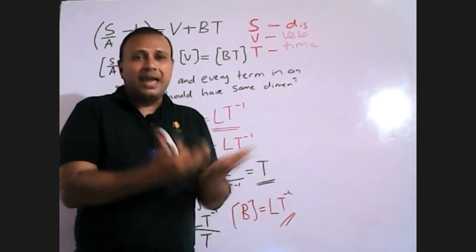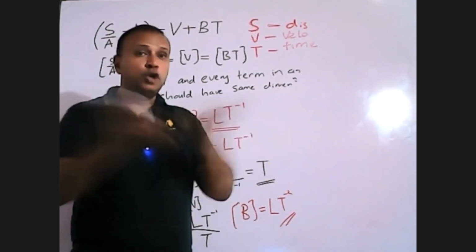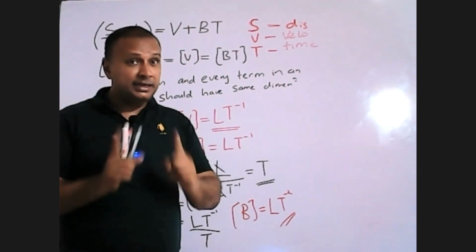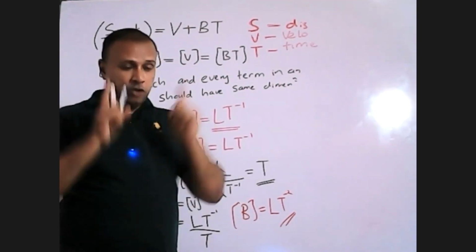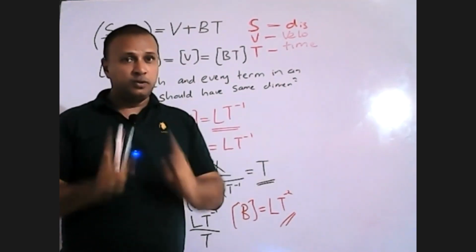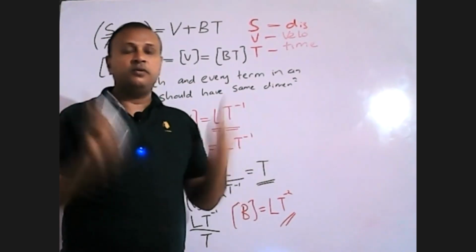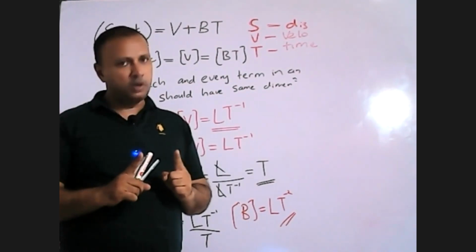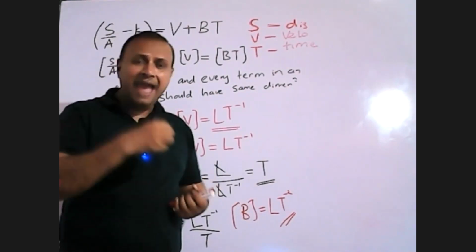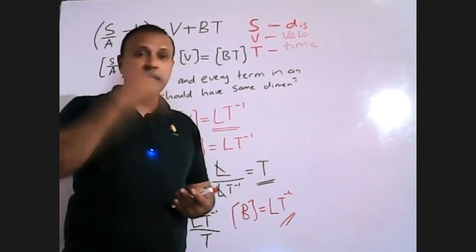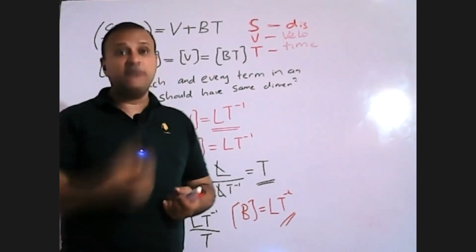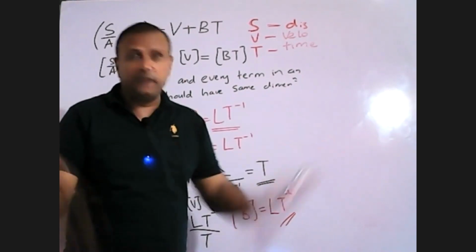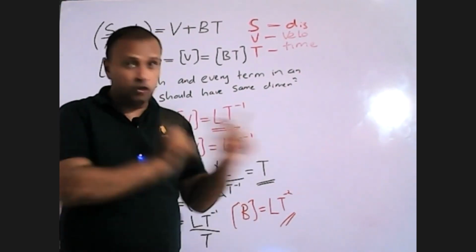So if there is an equation, each and every term should have the same physical quantity, that means the same dimensions. We can add or subtract only the same physical quantities. That thing you should know first.